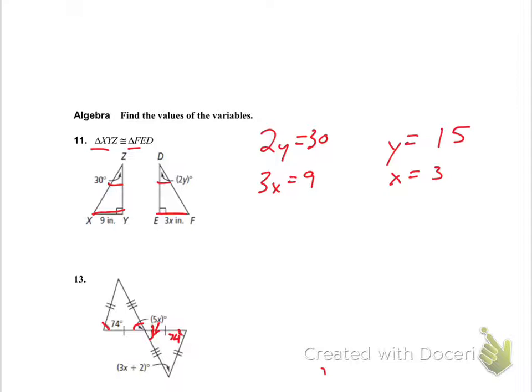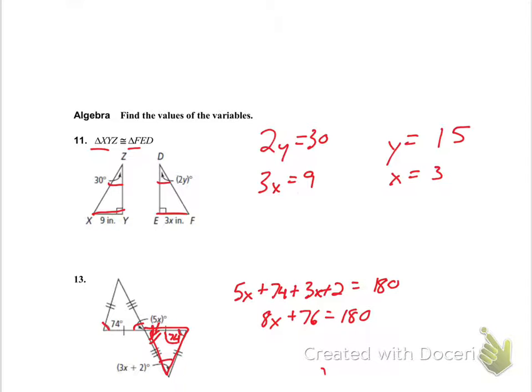So if I do this angle plus this angle plus this angle equals 180, I'll get 5x plus 74 plus 3x plus 2 is equal to 180 for the whole triangle. So then I'll have 8x plus 76 equals 180.